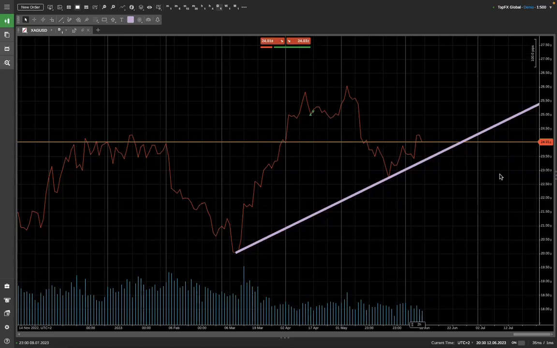So I really encourage you to use the trend line in your trading, to learn how to use it. There are plenty of possibilities to explore in the cTrader technical analysis tools, technical analysis features. One of them is the trend line, one of the easiest and very informative as well. So enjoy using it.